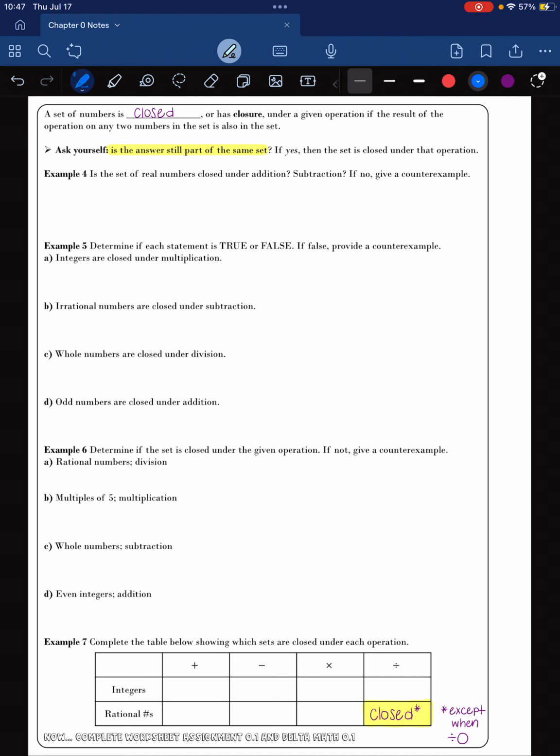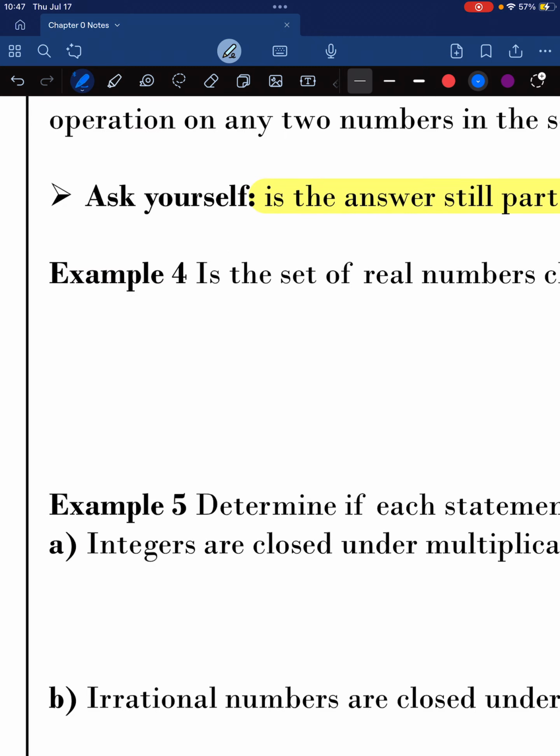So let's look at an example. The set of real numbers is closed under addition, which means I should be able to pick any 2 real numbers. Let's pick 2 easy ones: 2 + 3. 2 is a real number, and 3 is a real number, so we have to pick two numbers that both belong to the set in question.